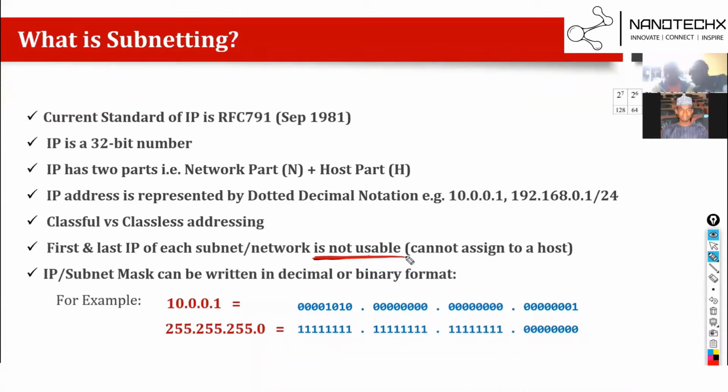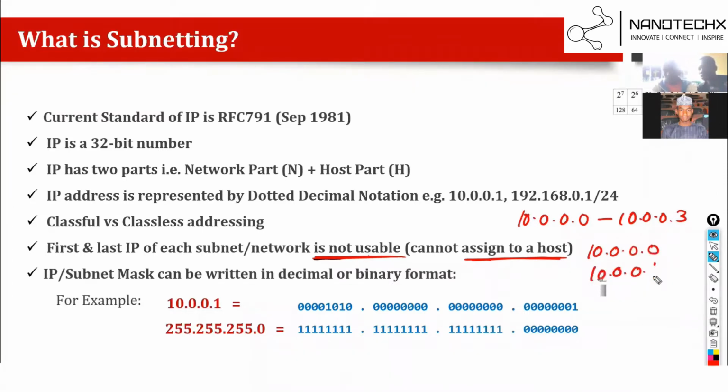For example, if the range of a network is from 10.0.0.0 up to 10.0.0.3, the first IP address will be 10.0.0.0, the second will be 10.0.0.1, the third will be .2, and the fourth will be .3.